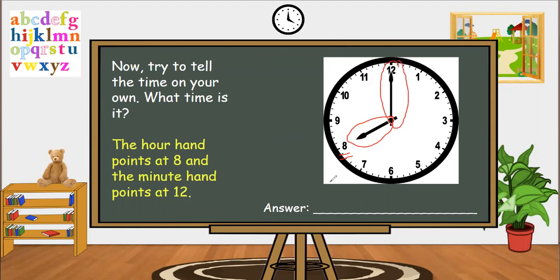So we can say 8 and the two dots, and the minute hand points at 12. It means 00. So the time is 8 o'clock. Okay, is everything clear, grade 1? Okay, good. Now let's go to the next example.